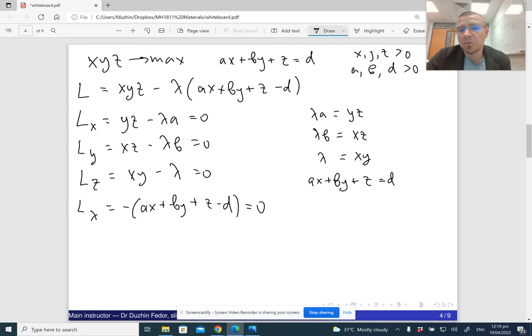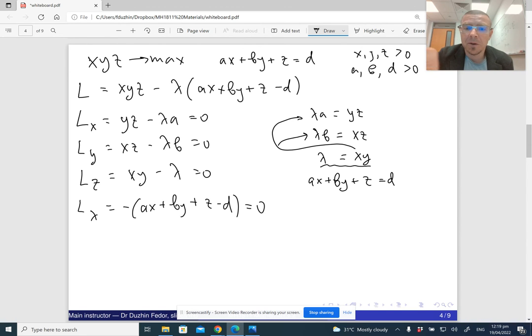So how do we solve it? Usually the best strategy, if no other strategy is obvious, is to find lambda and eliminate it. In this case we already know lambda, so we can substitute it into the two other equations and see what happens.